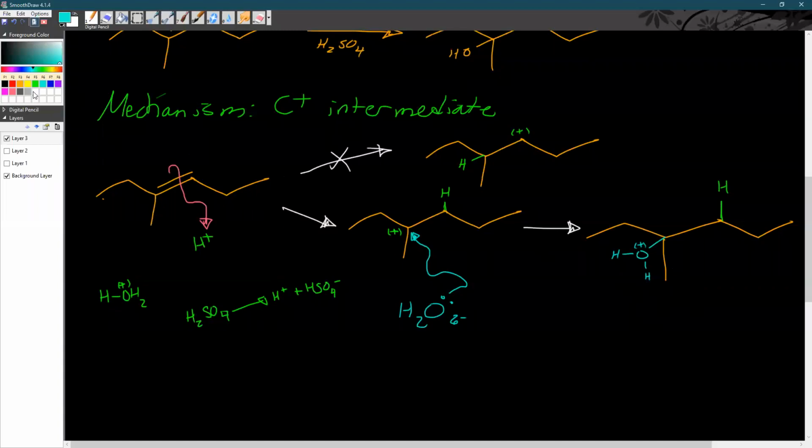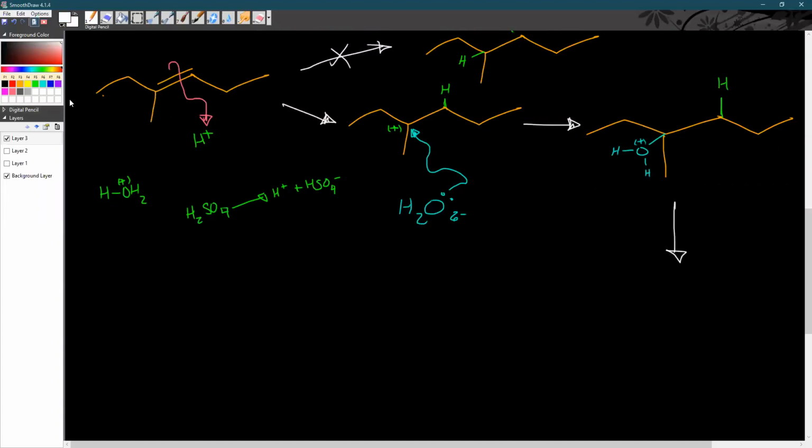So what happens from here is that some sort of base has to come in and grab that hydrogen. Now, what could that base be? Well, most often and most likely, it's going to be another water molecule. This is the most likely option.